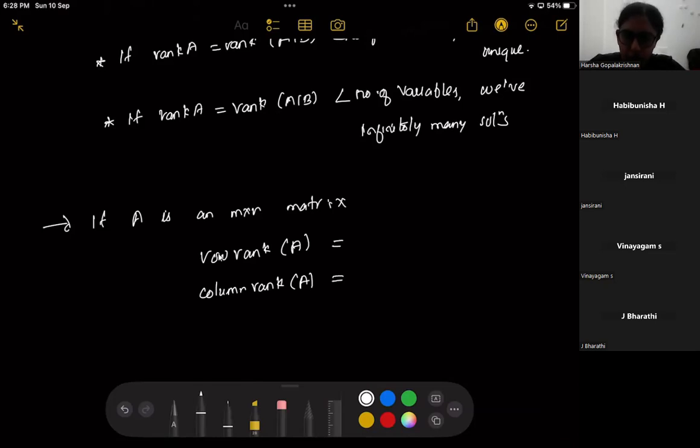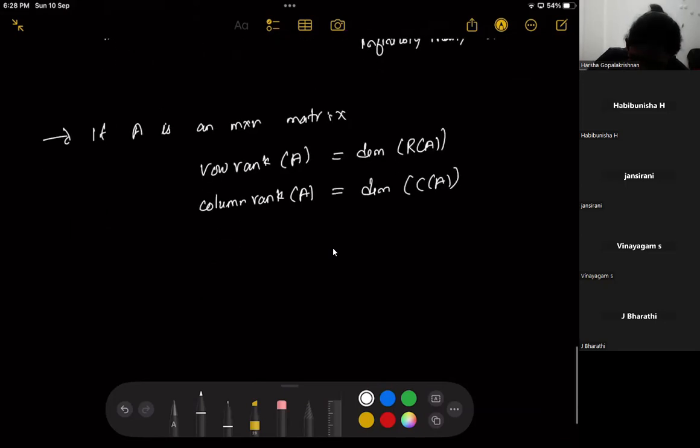Anyone knows what is row rank and what is column rank? Here, row rank means, let me first state this: dimension of R of A and dimension of C of A. Now, what do R of A and C of A mean?